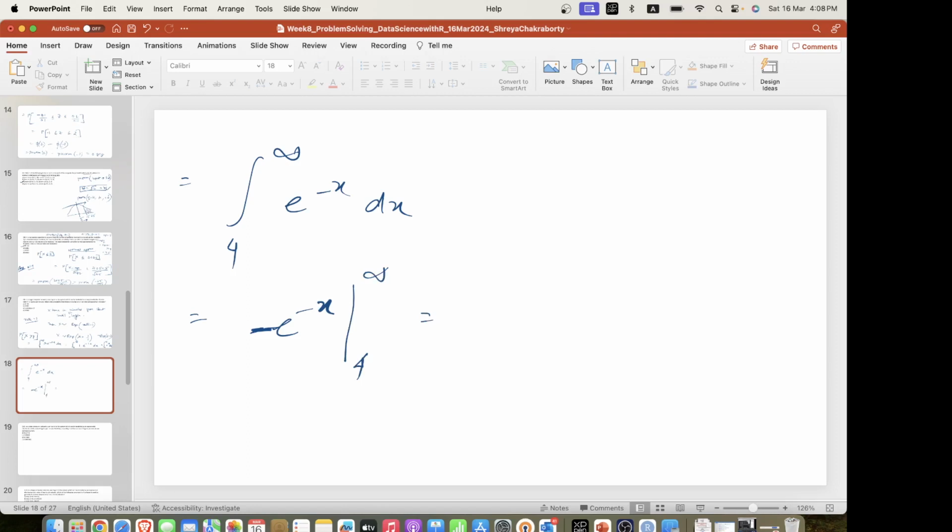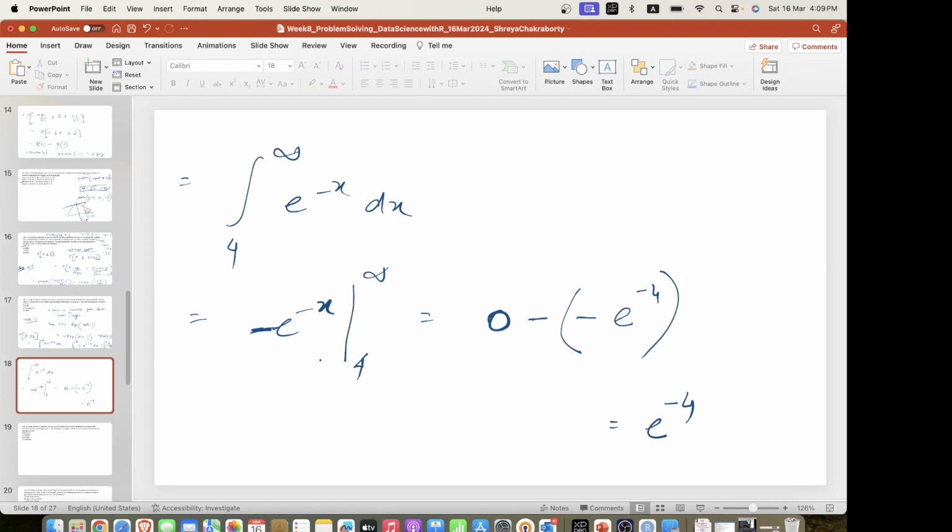So if we put infinity, it will be 0 minus of, if we put 4 over here, minus e to the power minus 4. So this would be then e to the power minus 4.